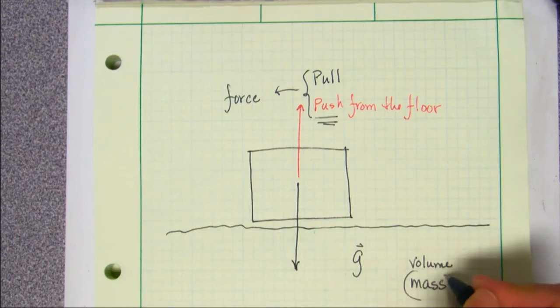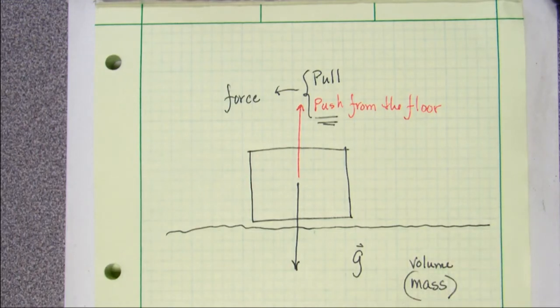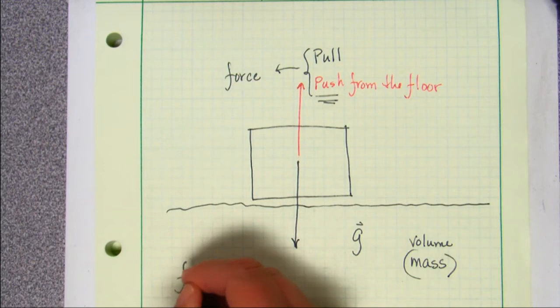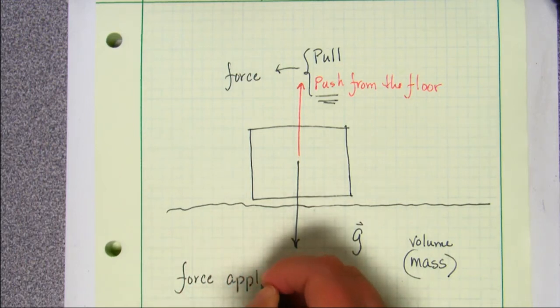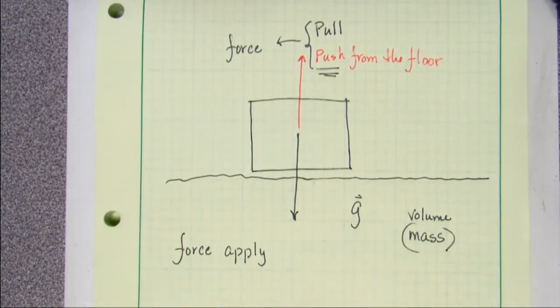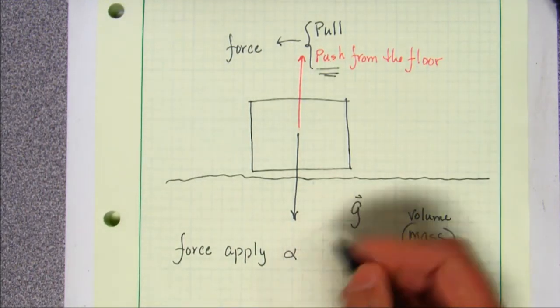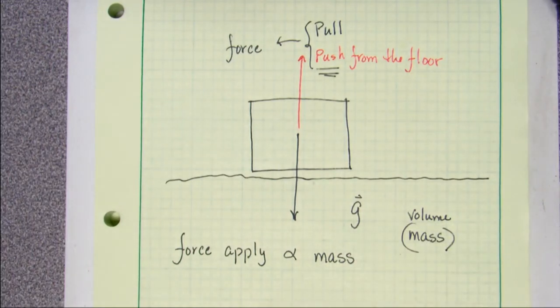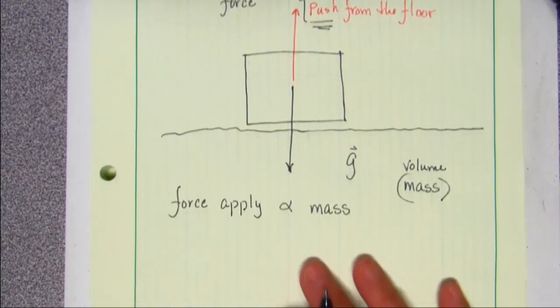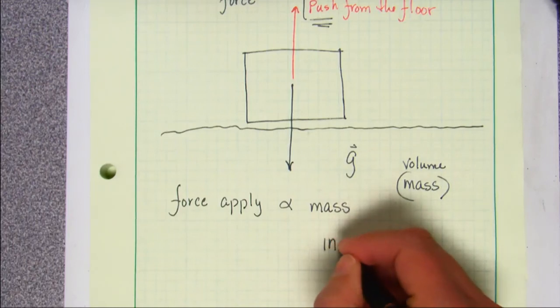But we know that whatever force I apply is going to be proportional to the mass. So in order to get the same motion, if the mass is increased, I'm going to have to apply a bigger force. And this is something that Newton called inertia.